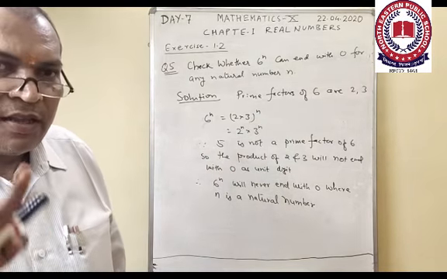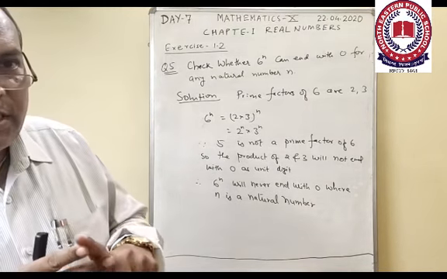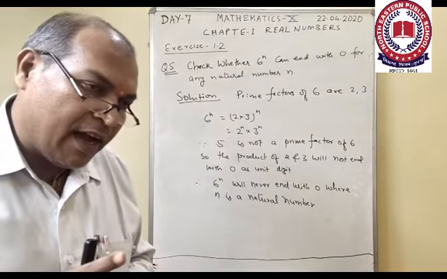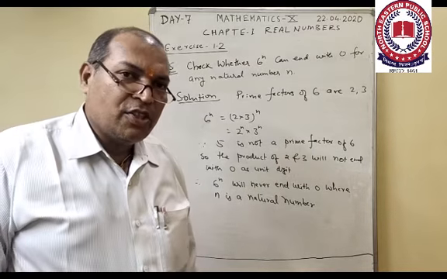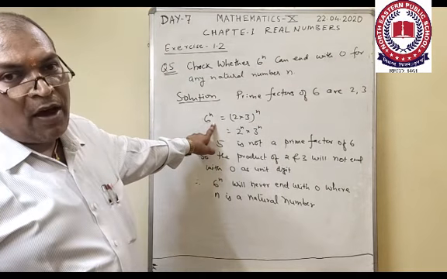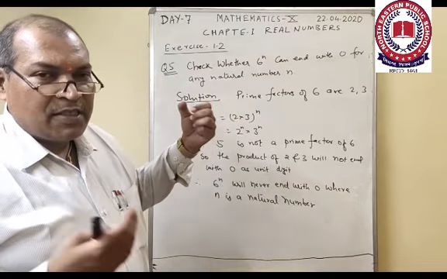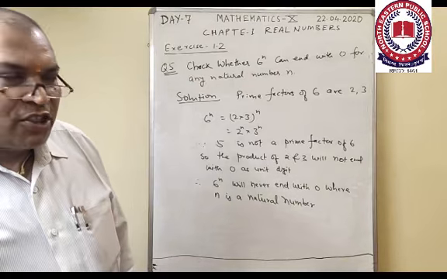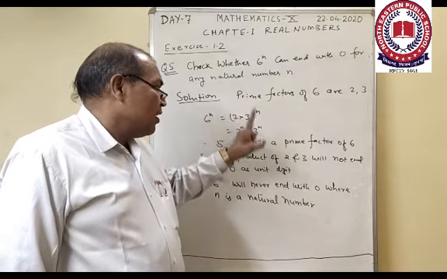Only and only single condition is there: when any positive integer is given for which we get the prime factorizations 2 and 5, then only the product of all those prime factors will be ending with 0, and that is why if that number is multiplied any number of times, just like 6 power n means 6 is multiplied n times, or 5 times, 10 times, 20 times, whatever it is given, it will never be ending with 0 until and unless the prime factorizations are 2 and 5.